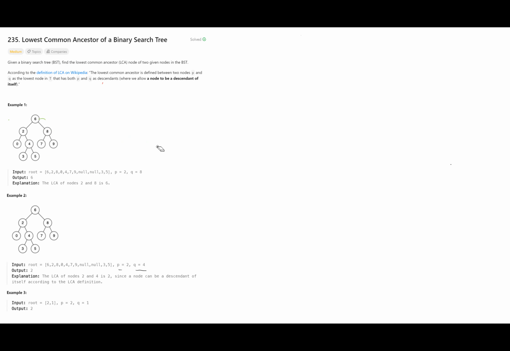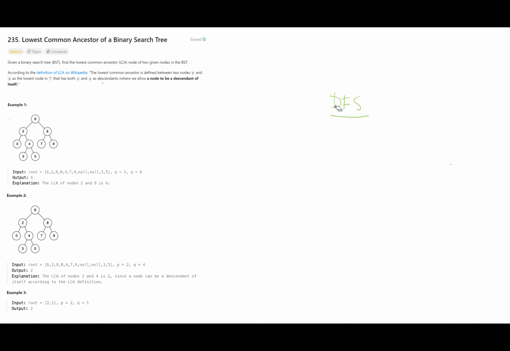Now here is the thing. Obviously we are going to traverse this tree using any traversal mechanism, say a DFS.